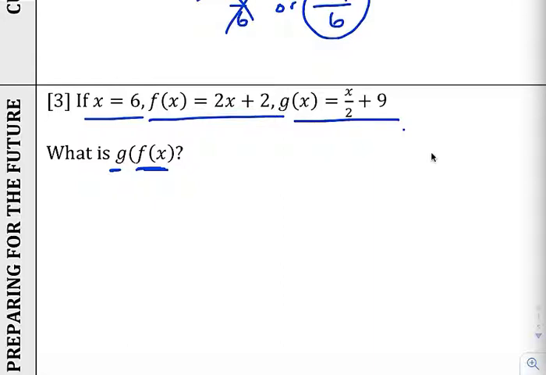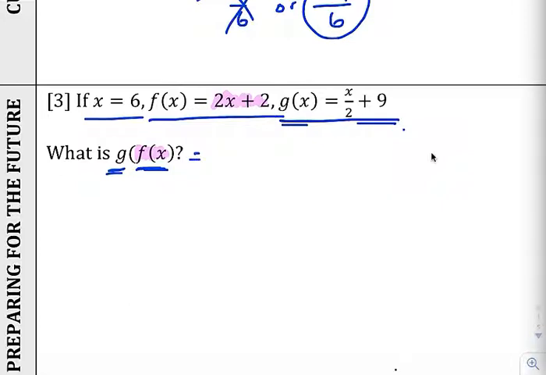The f of x value is defined to be 2x plus 2. That's also defined to be the innermost function. So what we're going to do is rewrite our g function, which is x over 2 plus 9. But instead of the x, we're going to replace it with the f function.